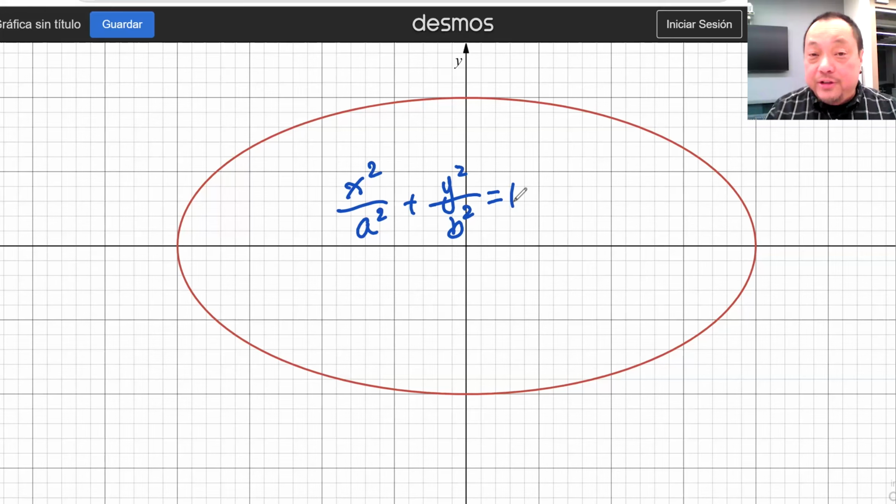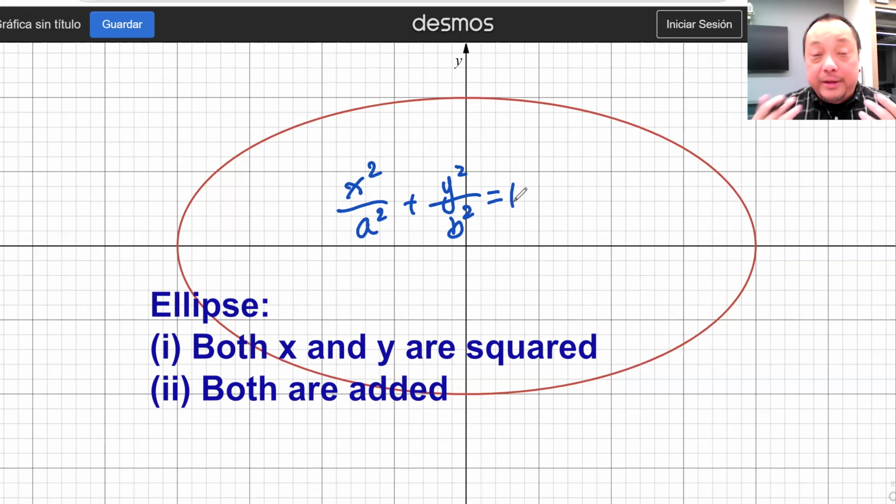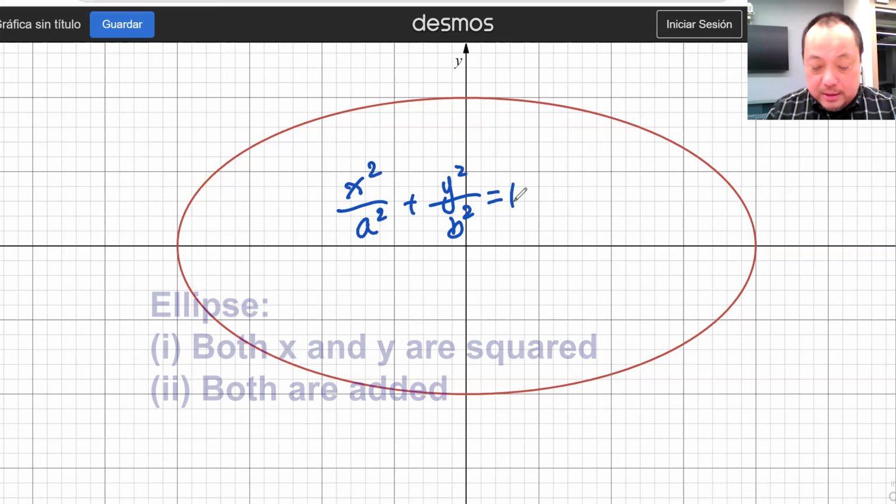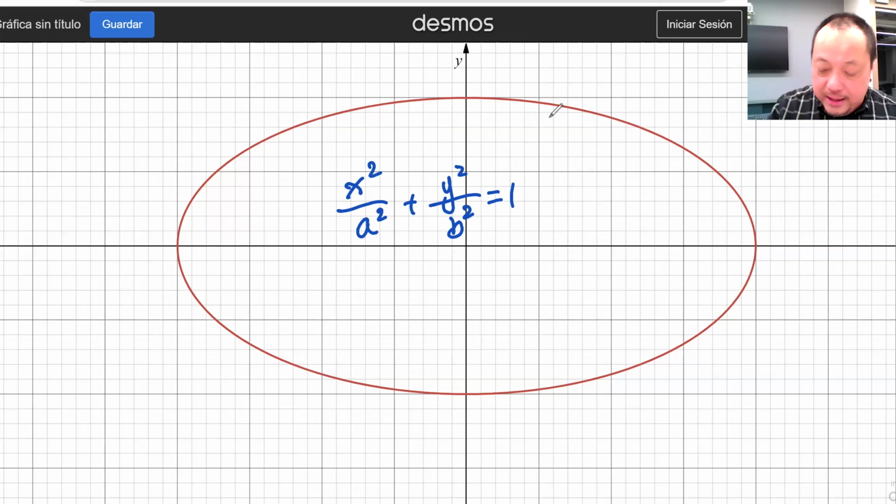And that's a totally unfair situation, especially if you compare with the ellipse. You recognize the equation of an ellipse by seeing that both x and y are squared, and both x squared and y squared terms are positive. In this case, a is right here, and b is right there.